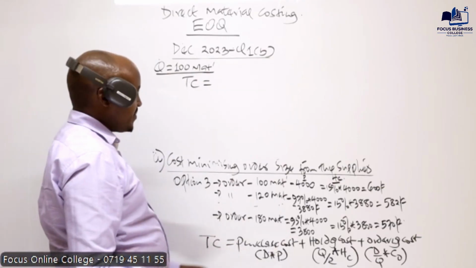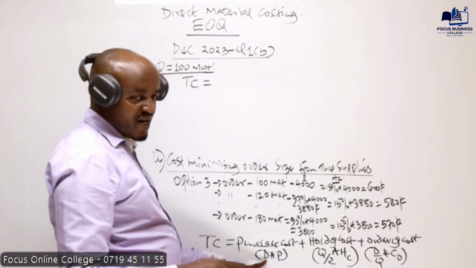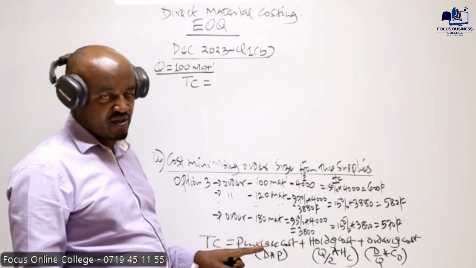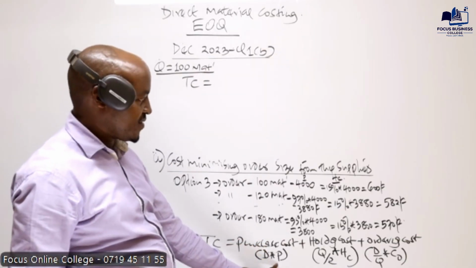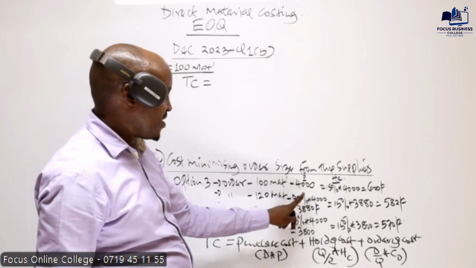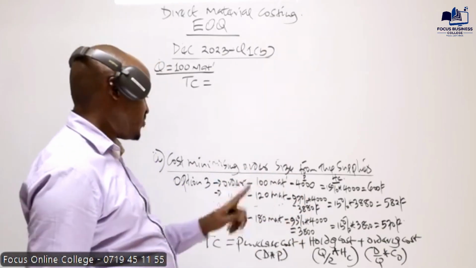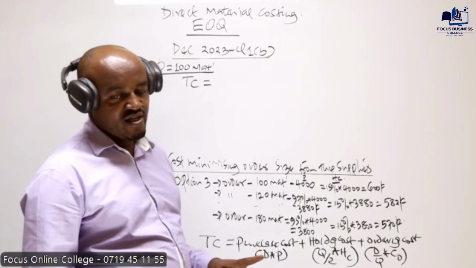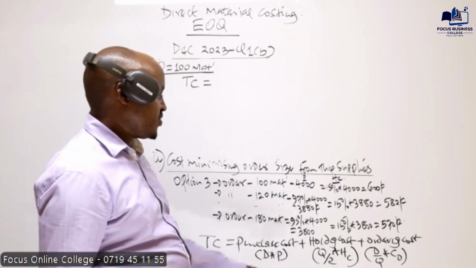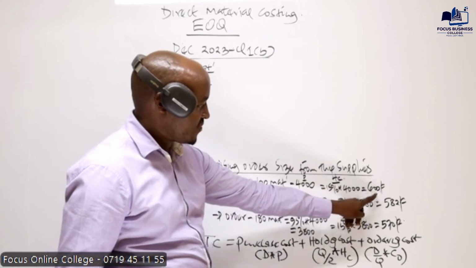We start by computing the purchase cost. The annual demand will not change in all options. What will change is the purchase price. For example, here the purchase price is 4,000, here it is 3,880, and here it is 3,800. The other item which will change for the different options is the holding cost.